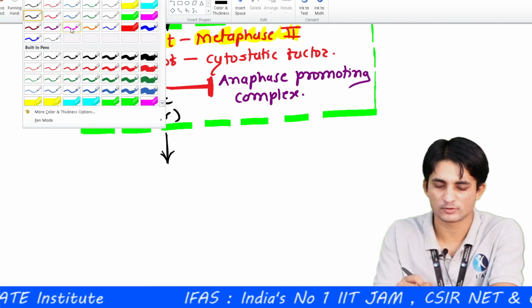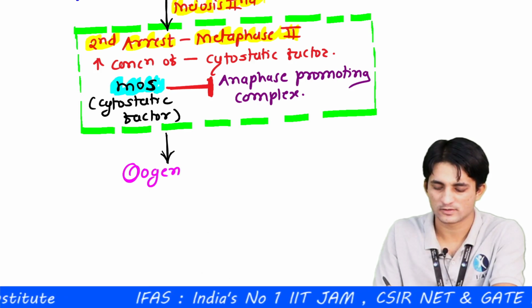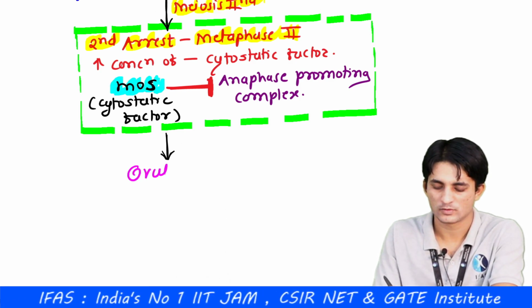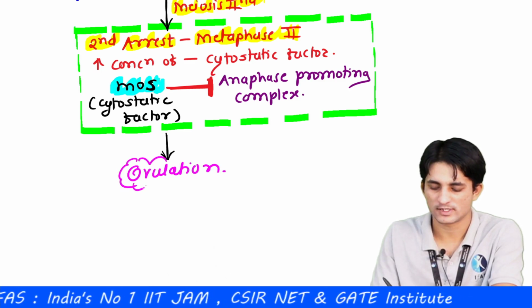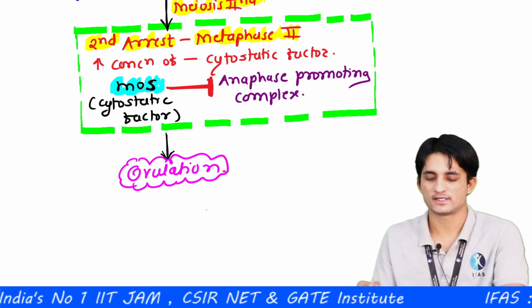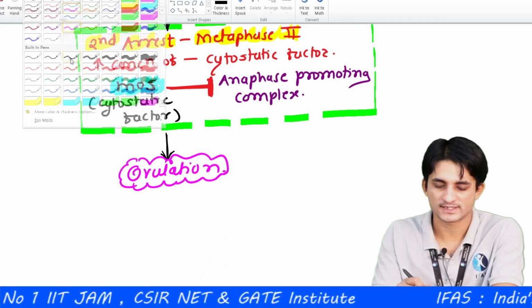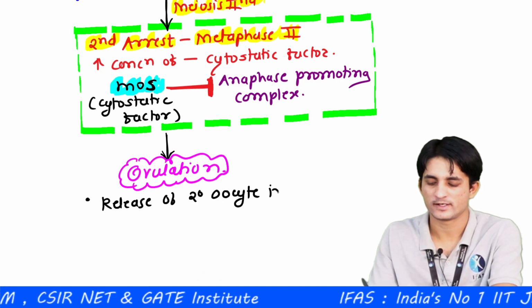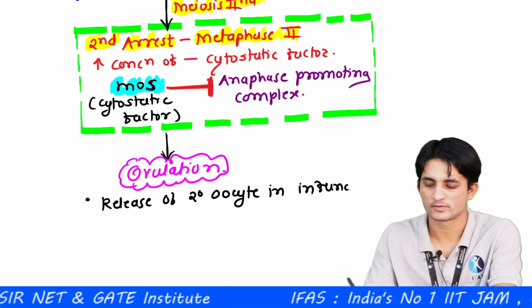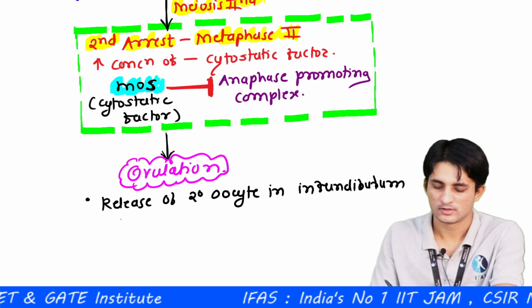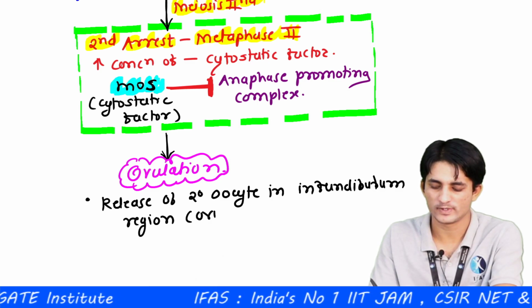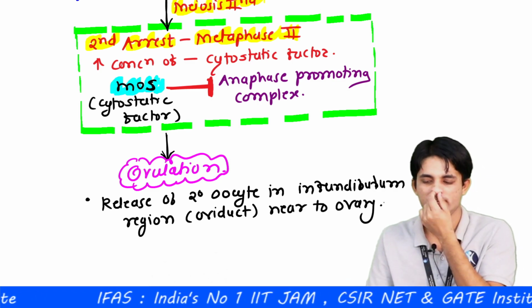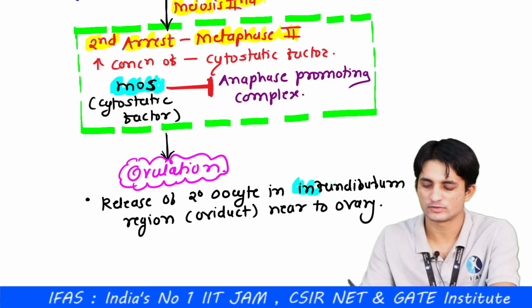This process is called ovulation, and in ovulation there is release of the secondary oocyte in the infundibulum region, that is the region of the oviduct near the ovary.